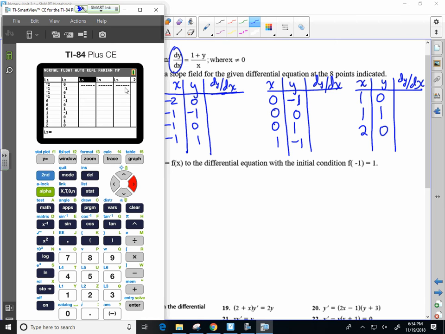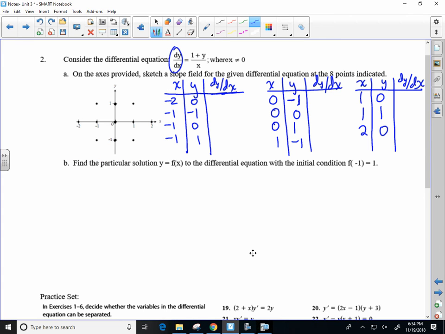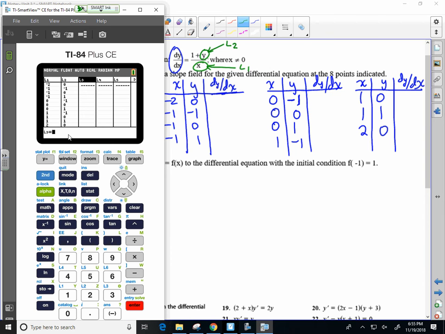So what I do is I go right up onto the column heading L3 and hit enter. What that does is it allows me to apply a rule for the entire L3 column. I want this to be my rule. All of my y values are stored in L2. All of my x values are stored in L1. So all I have to do is get that relation in there. So I have L3 equals blinking cursor.